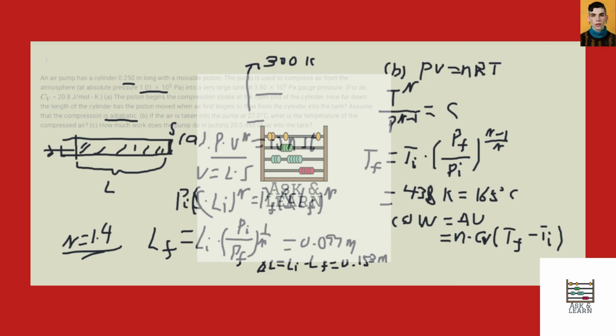So Tf is this 165 Celsius degrees, and Ti is 27 degrees. n is 20 moles, and Cv is given to be 20.8.